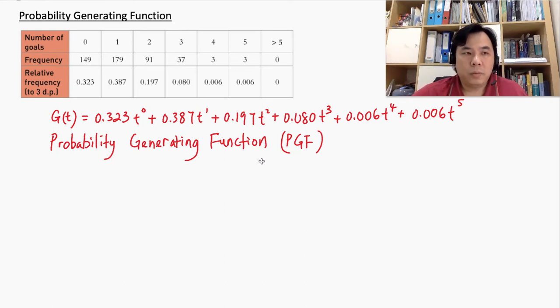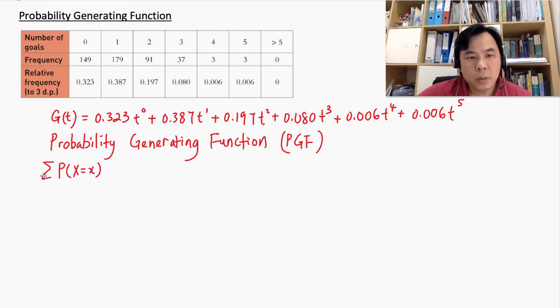One of the significances is, since this is a probability distribution function, we know that all probability distributions satisfy this main property: the sum of all probability for all the x here must be equal to 1.